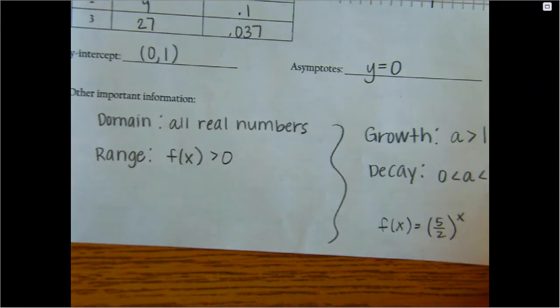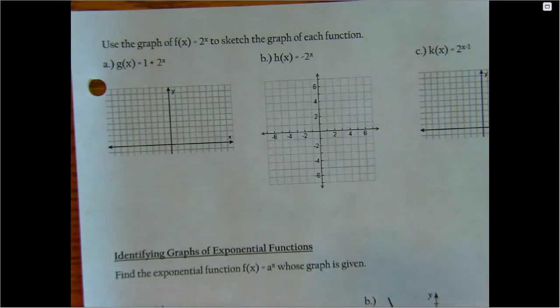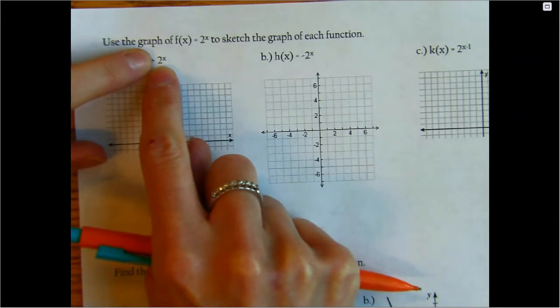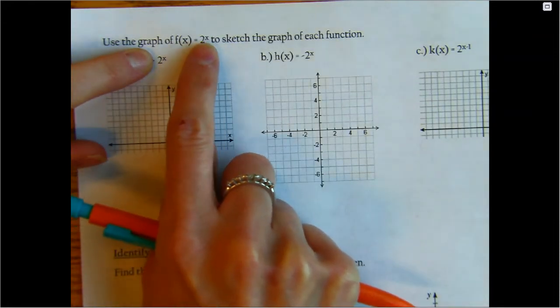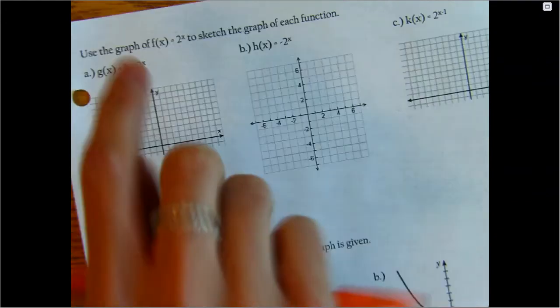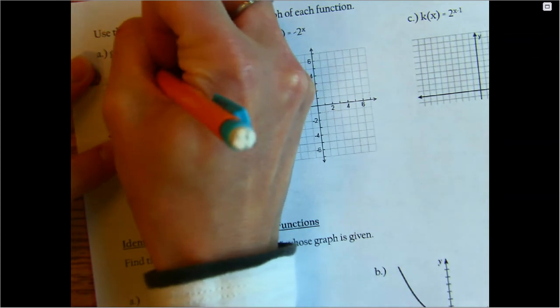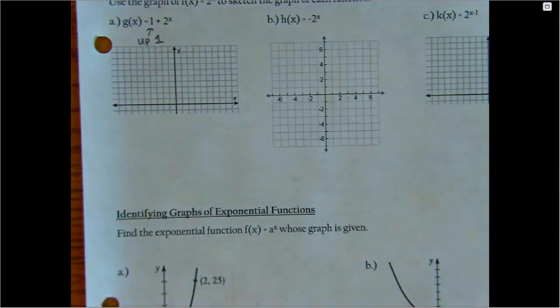All right, so now we're going to start to look at some transformations of these functions. This first one, we've got 2 to the x, my general exponential function, and then I'm adding 1 to it. Think about what we just did. When you add 1 on the outside, that transformation goes up 1.